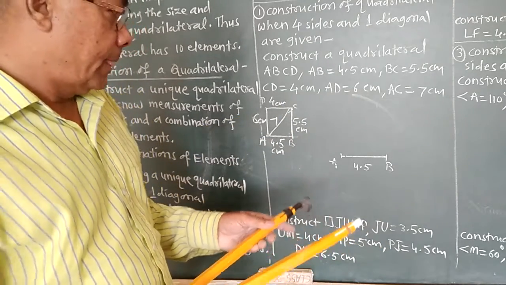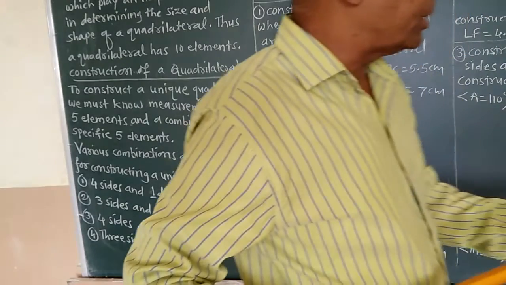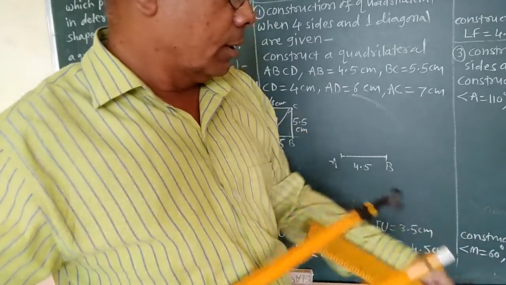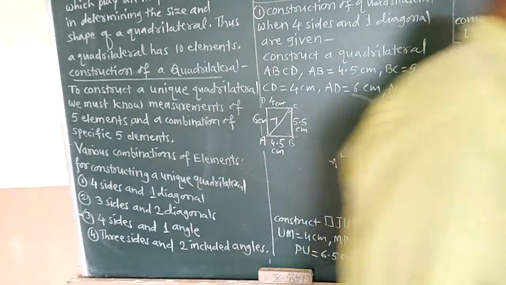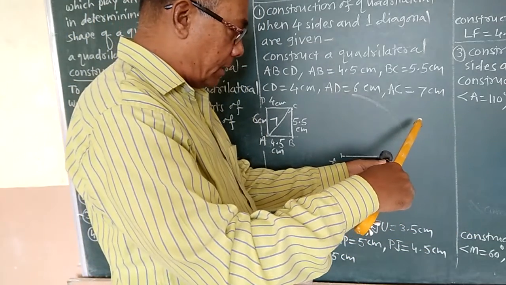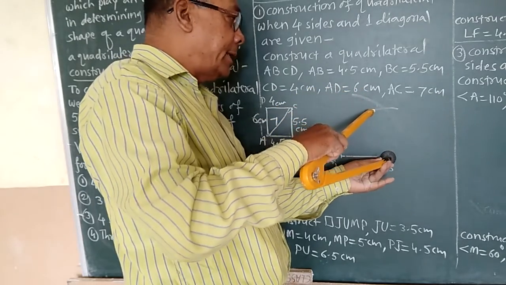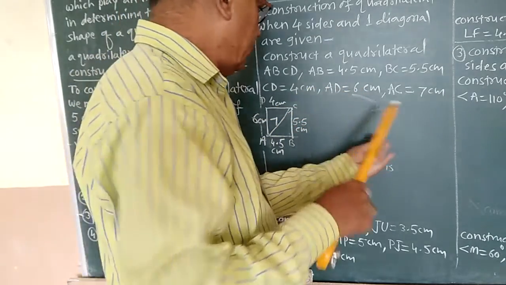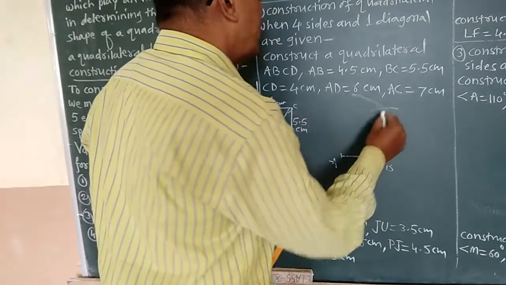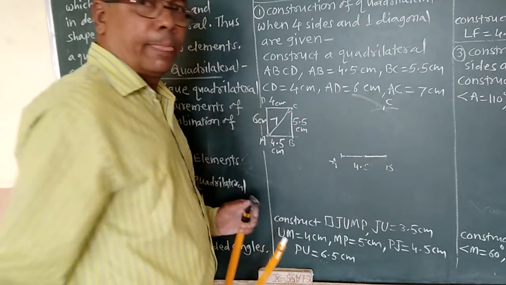So I will take the distance 5.5 in a compass, and now I will put the metallic point on B and draw another arc which is intersecting the previous arc.